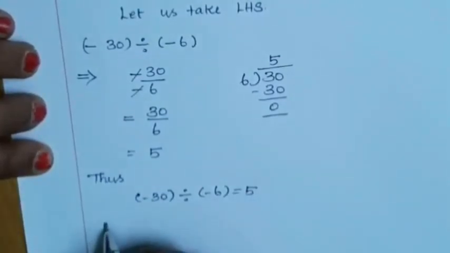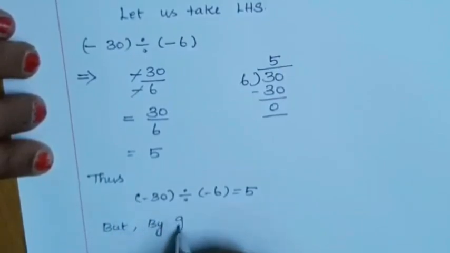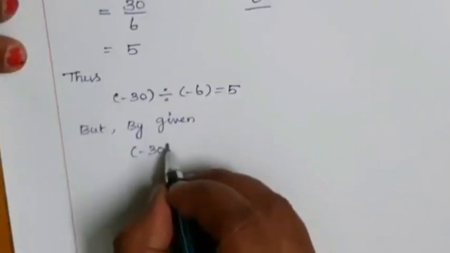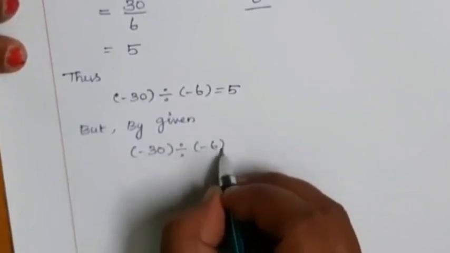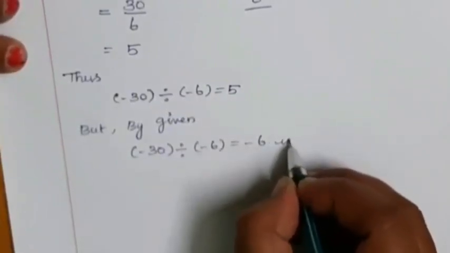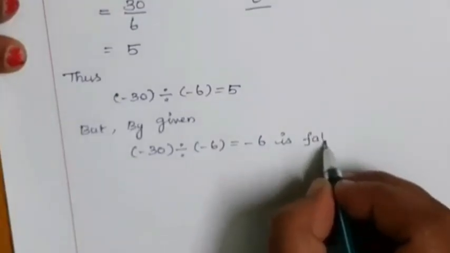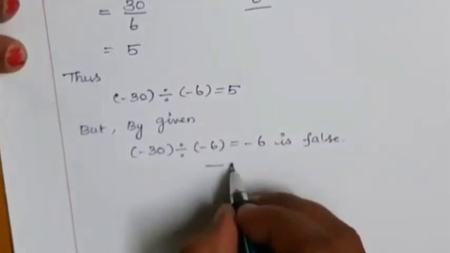But in the question they have given the answer as minus 6, which is false.